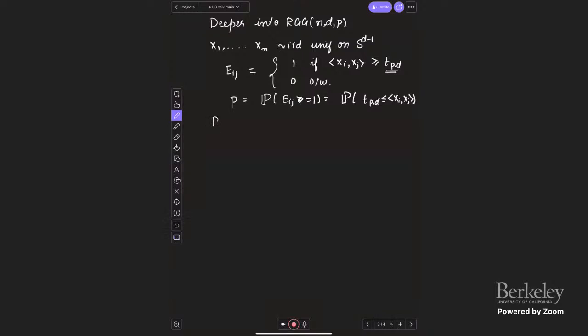We call this model RGG(n,d,p), and we want to test this against the Erdős-Rényi random graphs, G(n,p), where each edge is included IID with probability p, and this is the most studied model of random graphs. We want to compare these specifically in total variation distance.